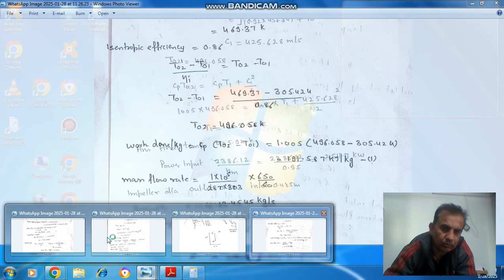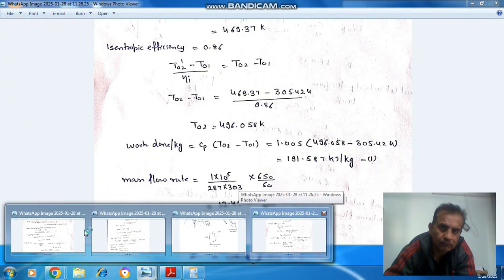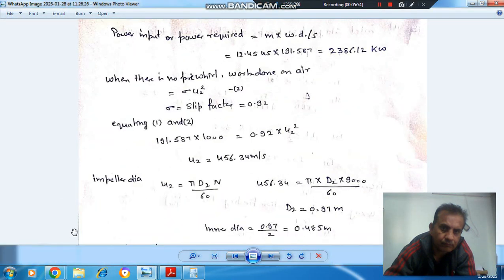Now the power input can be calculated by work done per kg multiplied by mass flow rate. That comes to 2386.12 kilowatt. But this power is from the temperature rise, for this mass flow.